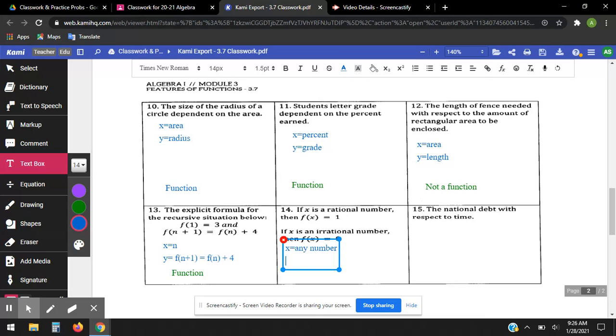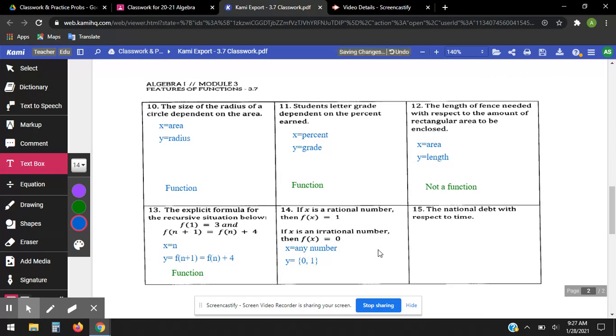Any number. But my Y's are either going to be 0 or 1, right? Those are my only two options as far as my answers.